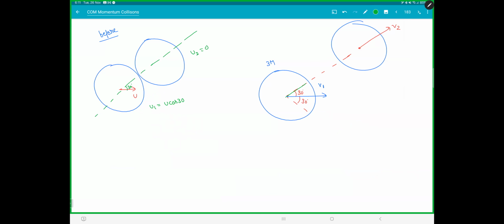And what about this thing here? So this will be v1 cos 30, and that is v2. So when you apply the formula, E is equal to v2 minus v1 by u1 minus u2. These are components of velocity along the normal.